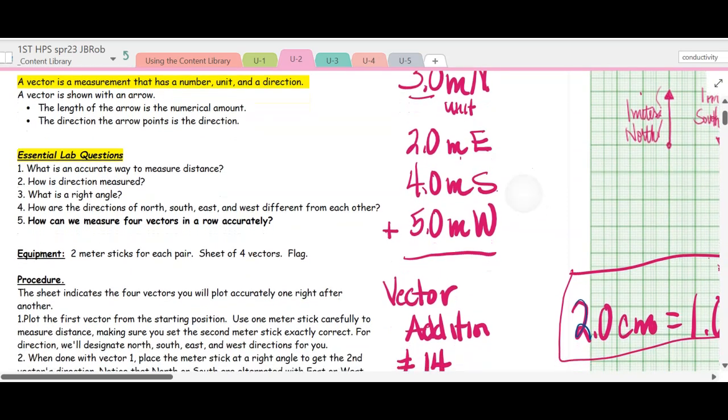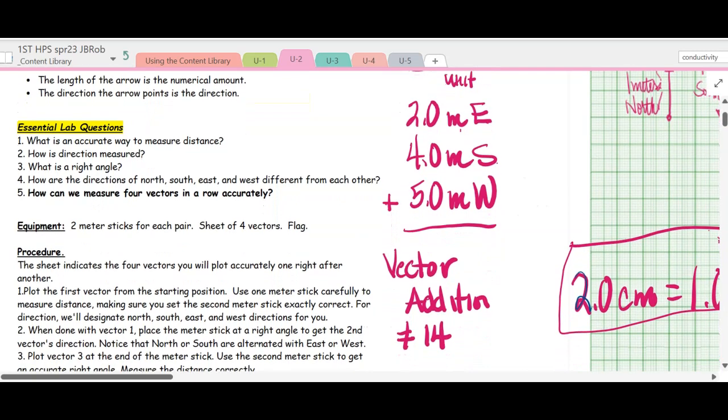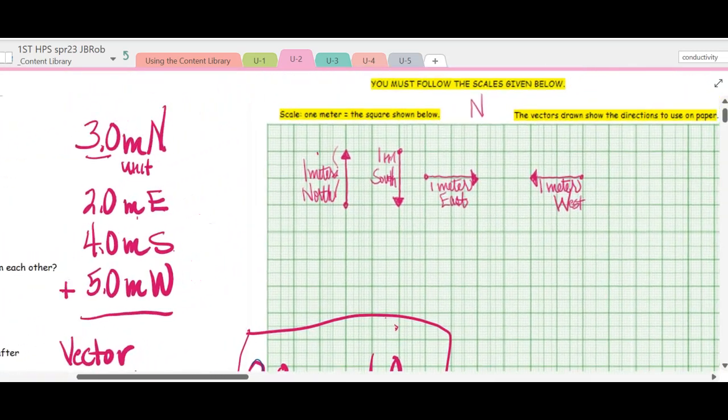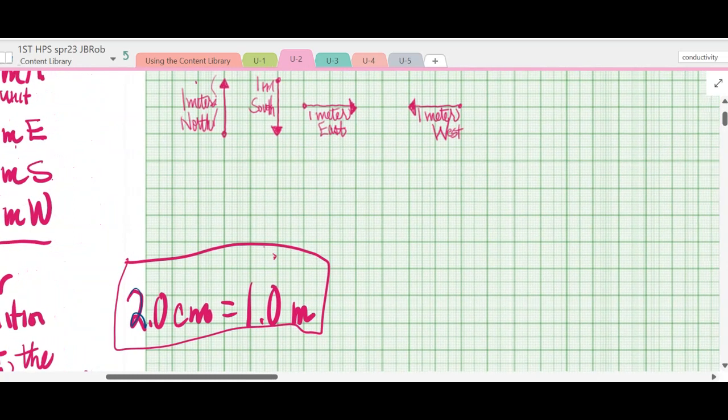Because they're going different directions, the vector sum is not going to be 14, which is the scalar sum. It's not going to be that. So let's go over here and look at it when we plot it.